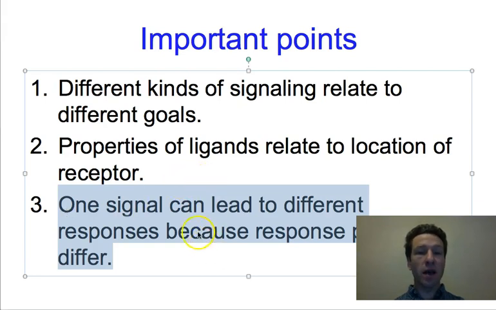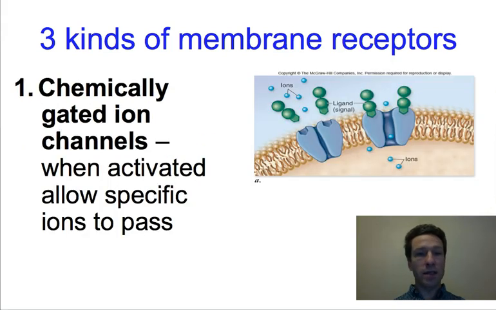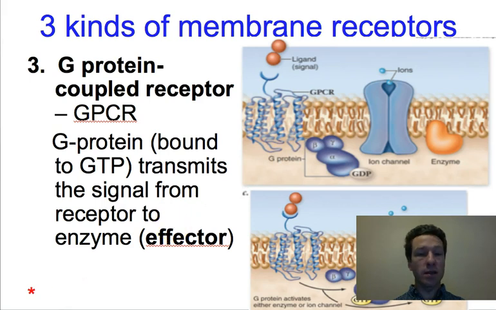And we've seen this in the steroid case because there can be different coactivators in the nucleus of different cell types. We can also see this in the case of things like enzymatic receptors, or in the case of GPCRs. To use GPCRs as an example, you could imagine that the same kind of ligand will be received by many different cell types, and those different cell types receiving the signal can have exactly the same GPCR with the same beta gamma and the same alpha.